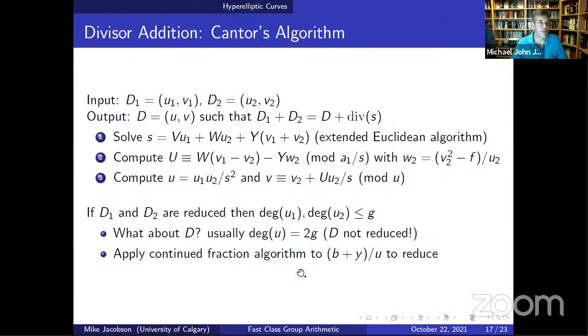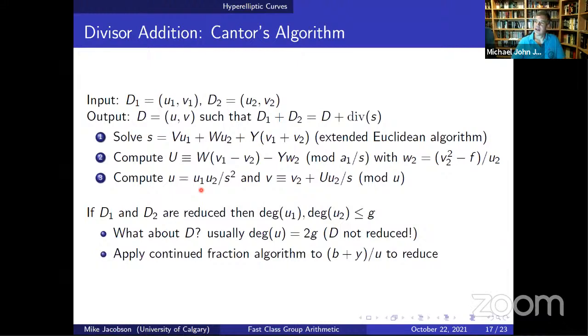What about the group operation? Well, in the hyperelliptic case, we speak of what's called Cantor's algorithm, which I put on the slide here. I don't expect you to have remembered this algorithm if you haven't seen it before, but if you get a chance to look at this again, the algorithm I'm presenting here is a formulation of Cantor's algorithm, and it looks almost identical to the version of Gaussian composition that I had earlier in the talk.